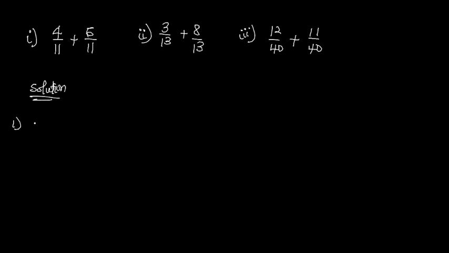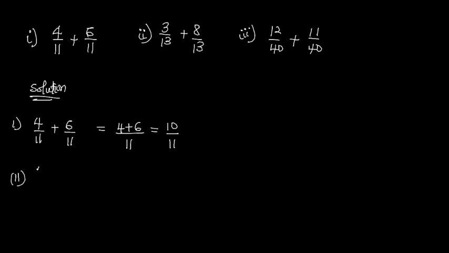So the first example we have is 4 on 11 plus 6 on 11. As usual, if we look at this fraction, we can establish that these fractions, the two of them, are like fractions because their denominators are the same, that is 11 and 11. So we maintain one of the denominators and we just add the numerator. So it is now 4 plus 6, and this will give us 10 over 11 as our answer.